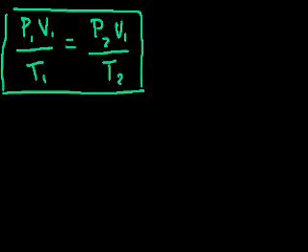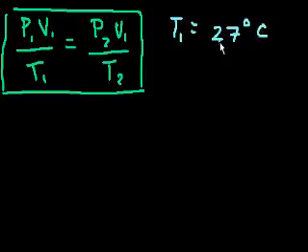This is from the Barron's AP Physics B on page 226, and it says: a confined gas is at a temperature of 27 degrees. So its initial temperature is 27 degrees Celsius.